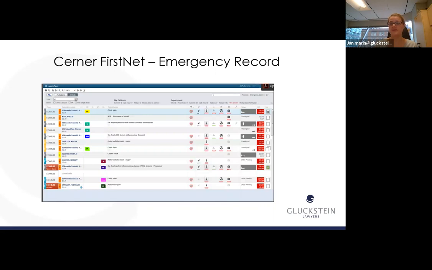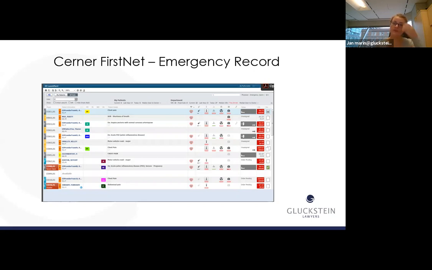This is an example of a program from Cerner FirstNet, an example of what would be visible in an emergency room, emergency record here. So each line on this record is a separate patient, and there's a number of different pieces of information available here. So for example, you've got the room information on the far left.